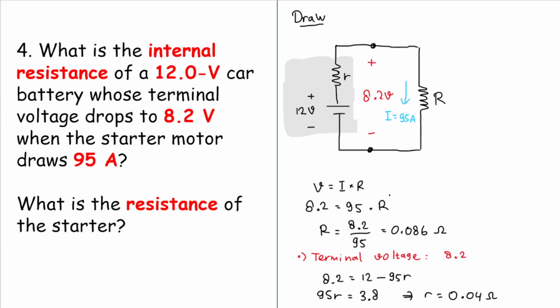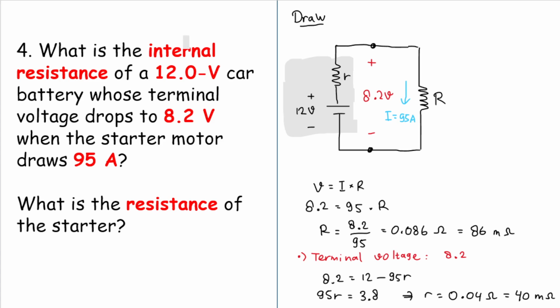And so the resistance of the starter is this one, or I can rewrite this as 86 milliohm. And here the internal resistance of the battery will be 40 milliohm.